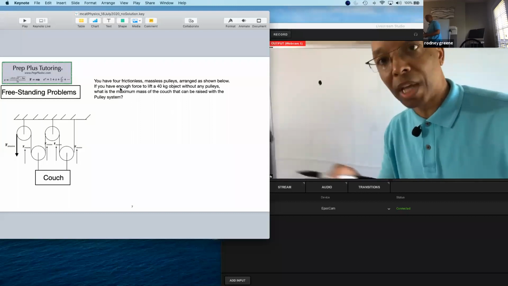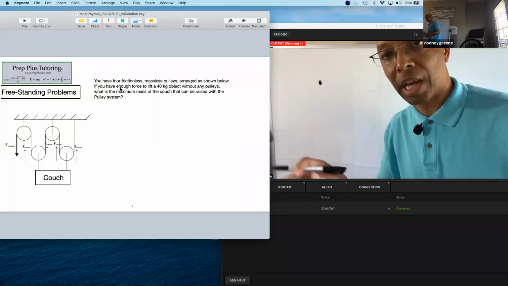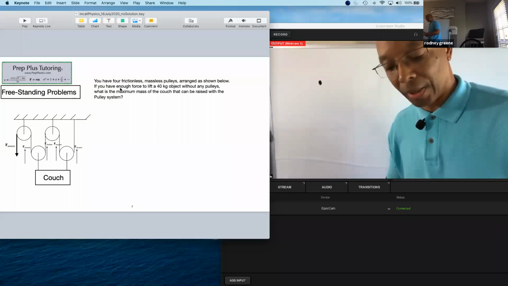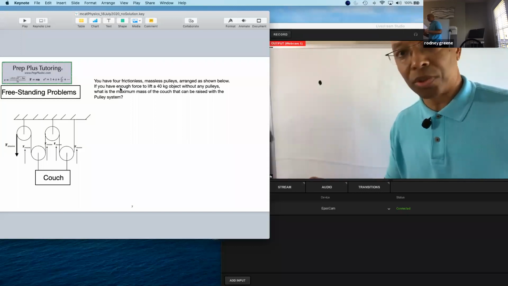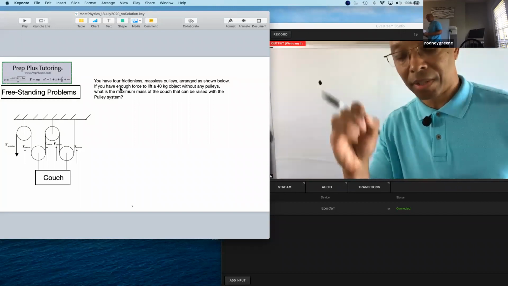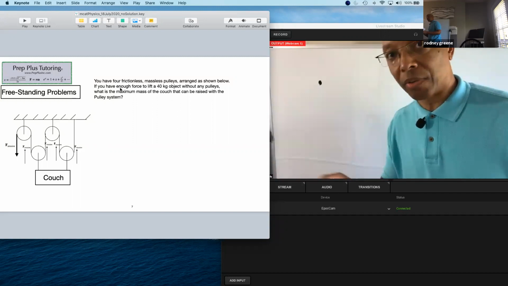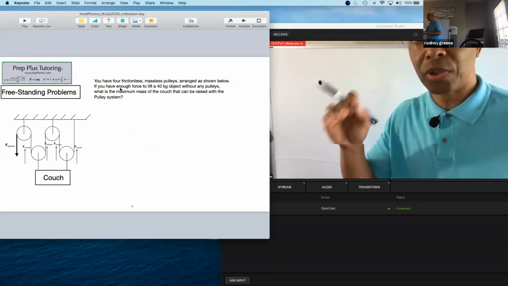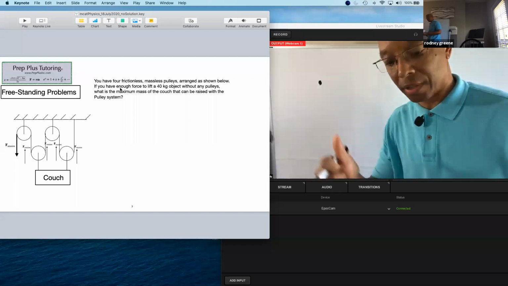There are 2 attachment points on the couch for the rope, and you've got 4 pulleys in this picture. Don't let that confuse you. The couch is represented by a dot, and all the forces acting on that couch act as though they only act on a single dot.